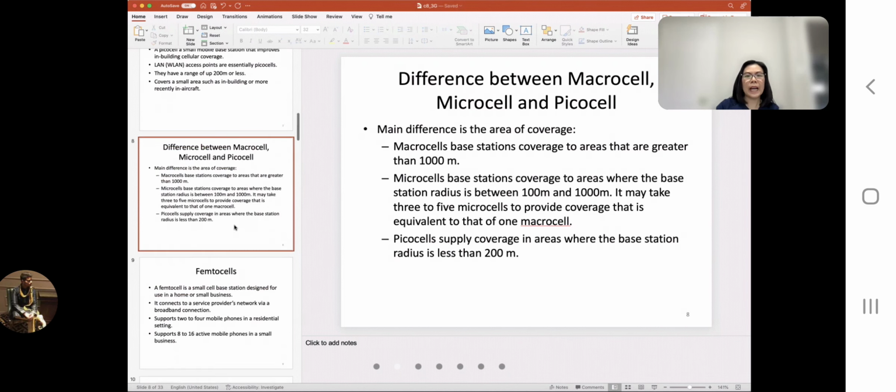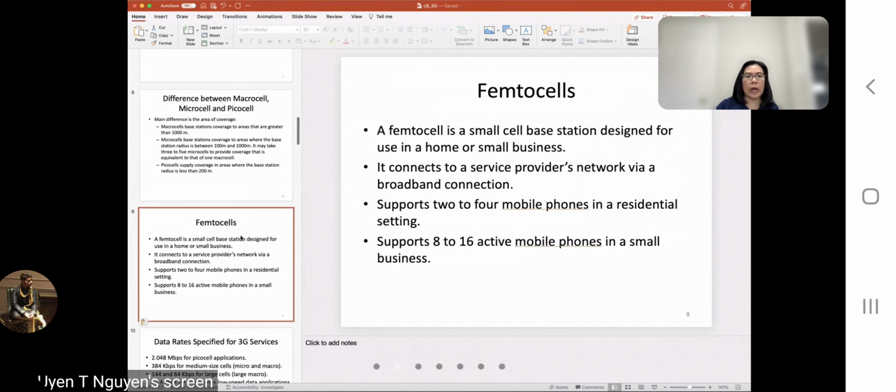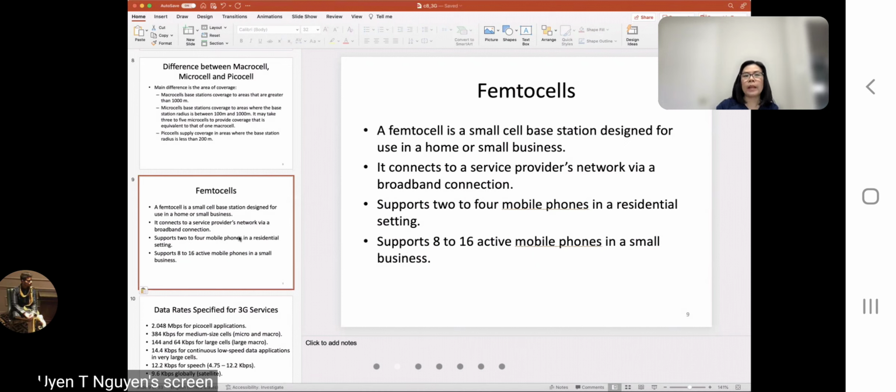And then there's another type of cell which is even smaller, which is the femtocell. A femtocell is the smallest kind of base station. It's designed for use in a home or business. It could support about 2 to 4 mobile phones in a home, or about 8 to 16 mobile phones in a small business.